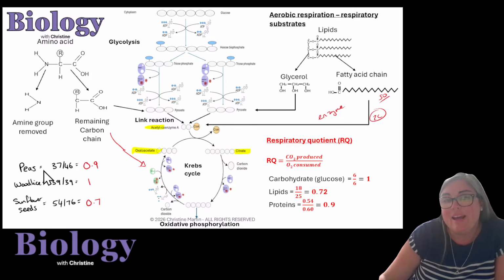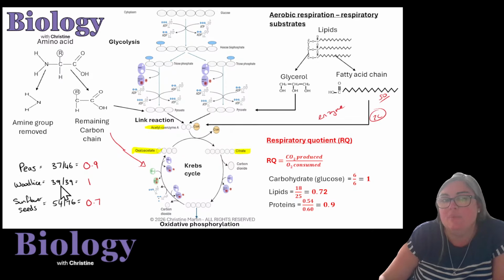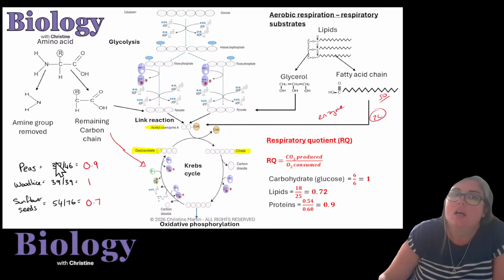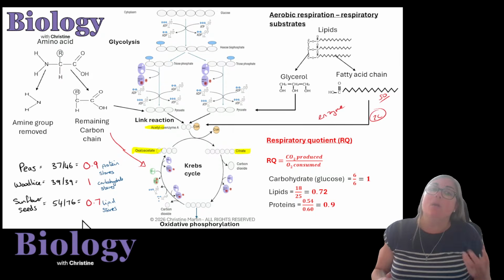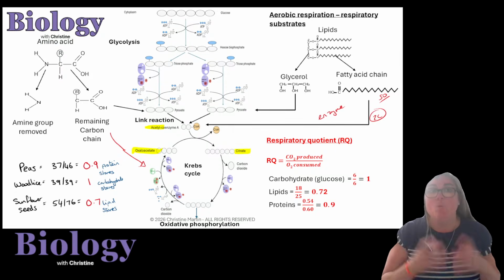They may expect you to work out your carbon dioxide produced over your oxygen consumed, and therefore figure out which respiratory substrates are being used by whatever it is you're using.